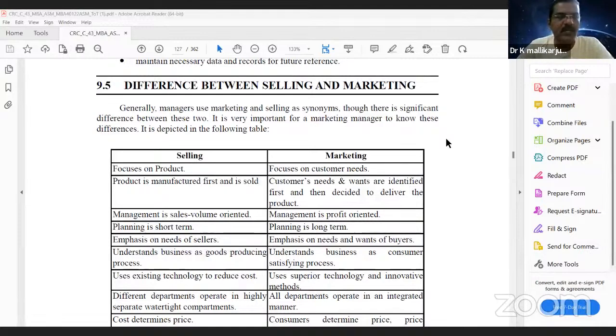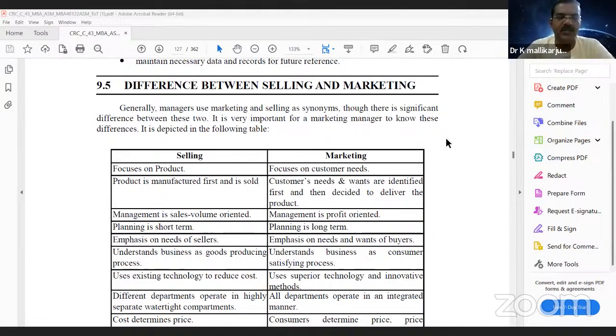Under the selling concept, the management is focused on sales volume. They want to see the sales value. Last year sales were 100 crores, now this year 200 crores. But they ignore profit orientation. Sometimes sales increase, but profits may not increase.